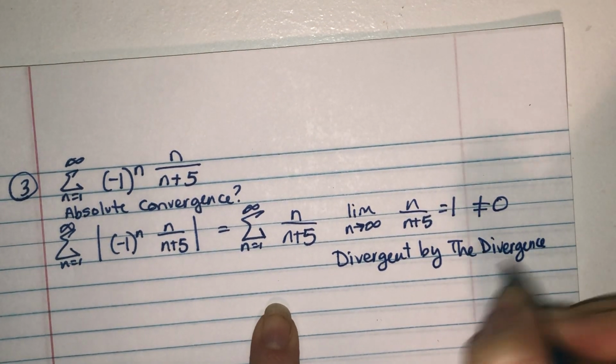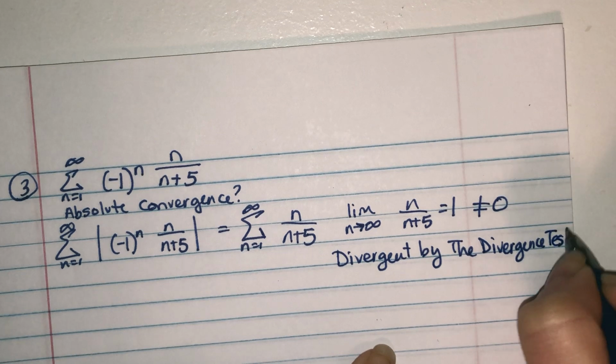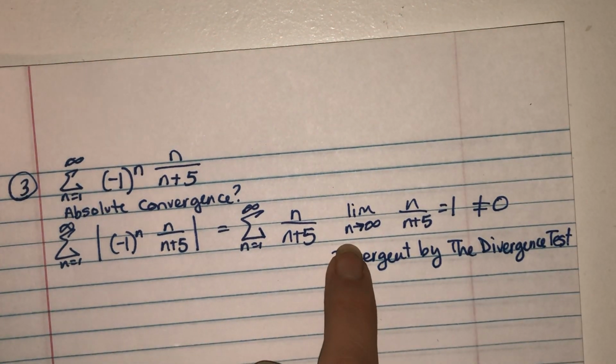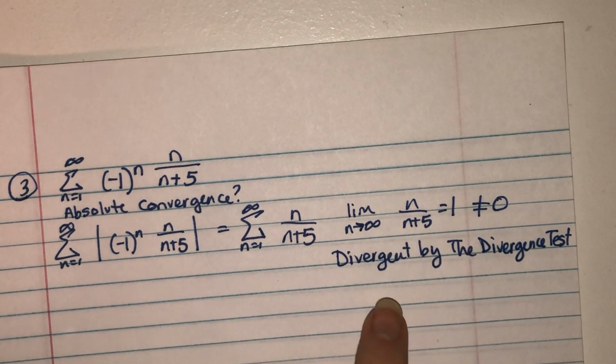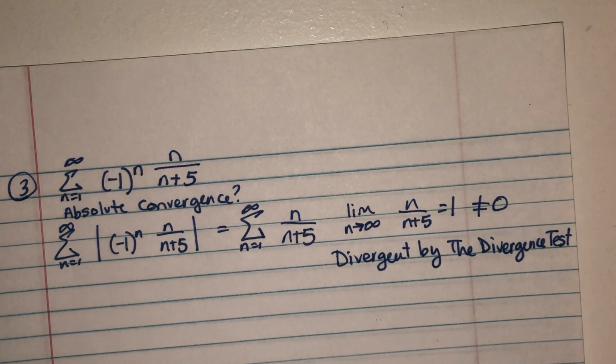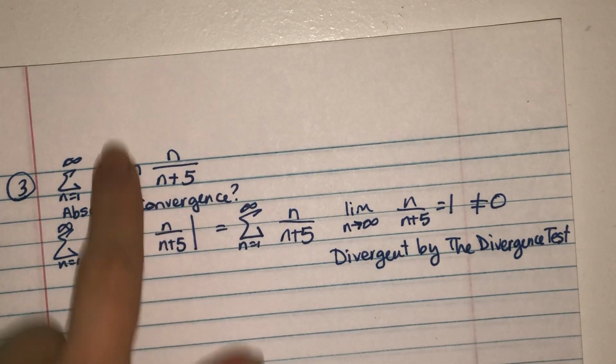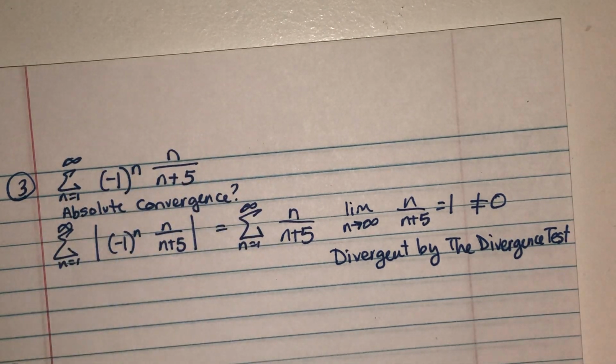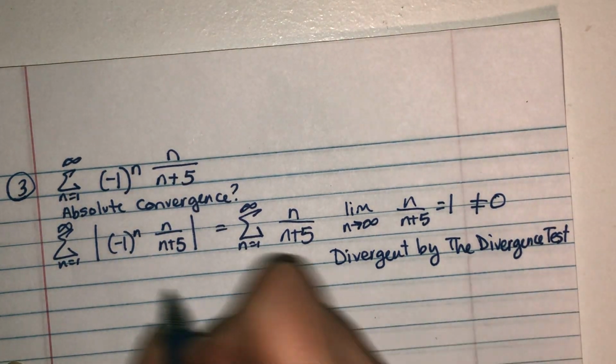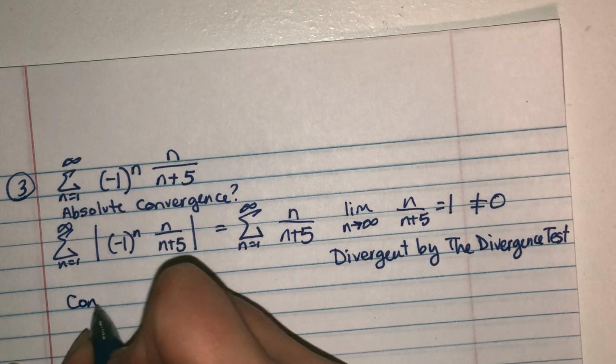Because if you will recall, every limit must equal 0 in order to be a possibly converging series. Anything that does not, where the limit as n approaches infinity does not equal 0, is diverging by the divergence test. Now, that does not mean this original series is necessarily diverging. The next thing we have to do is check for conditional convergence.